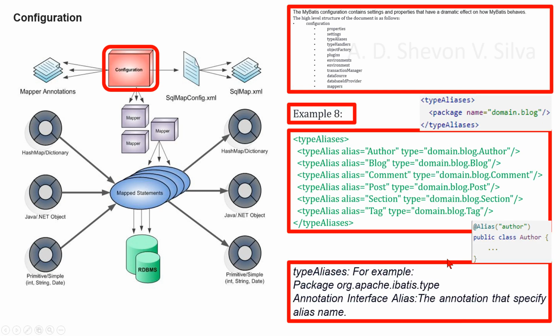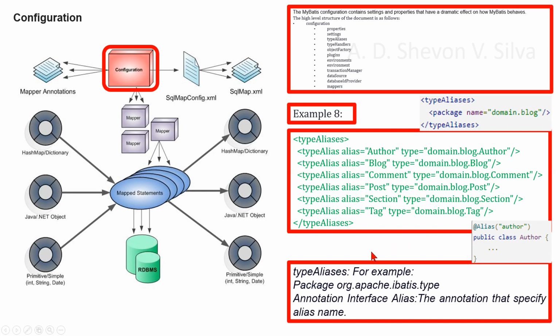Now we are considering type aliases. For example, here the annotation interface Alias, the annotation that specifies the alias name. This is in the package org.apache.ibatis.type.